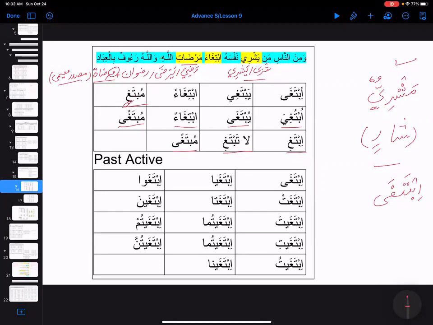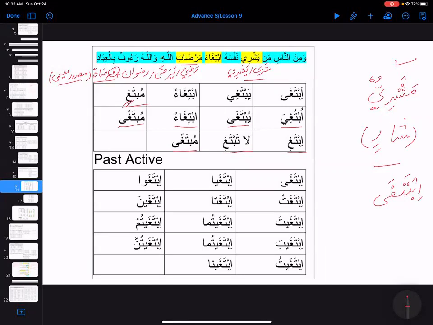And the Prophet Sallallahu Alaihi Wasallam hugged him, and this ayah was revealed for him: وَمِنَ النَّاسِ مَنْ يَشْرِي نَفْسَهُ ابْتِغَاءَ. So from the people, there are those who trade nafsahu, themselves, like their life, right?